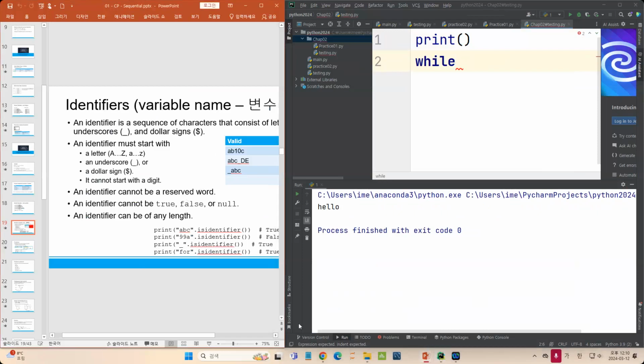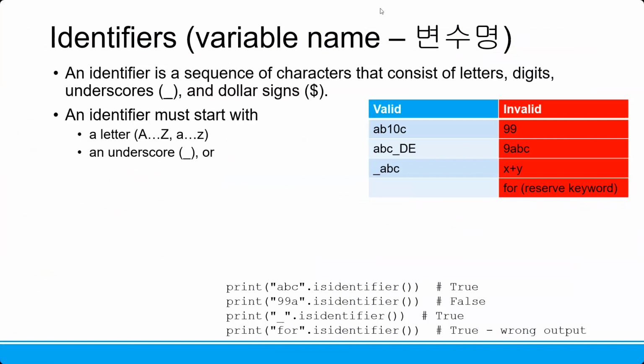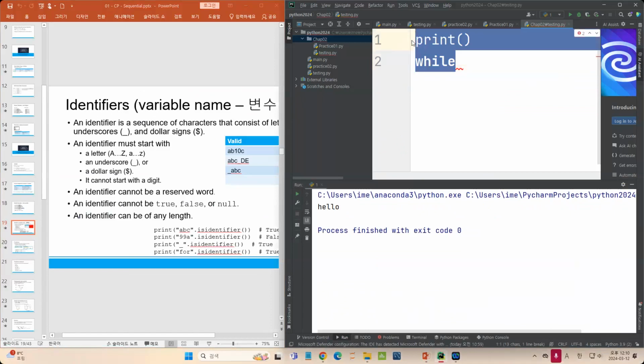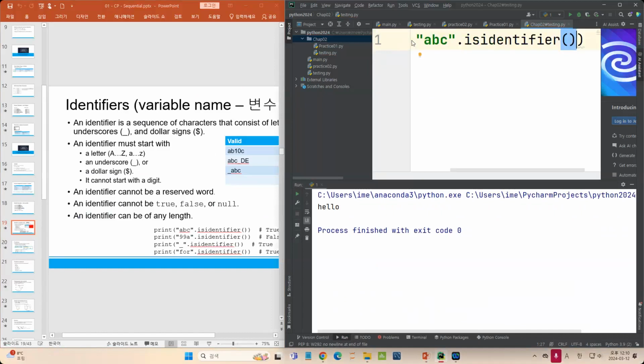So I give you an example. If you want to check whether this name is good for an identifier or not, okay, let's try. We have the word isidentifier. So I want to know if ABC is a good identifier. Okay.